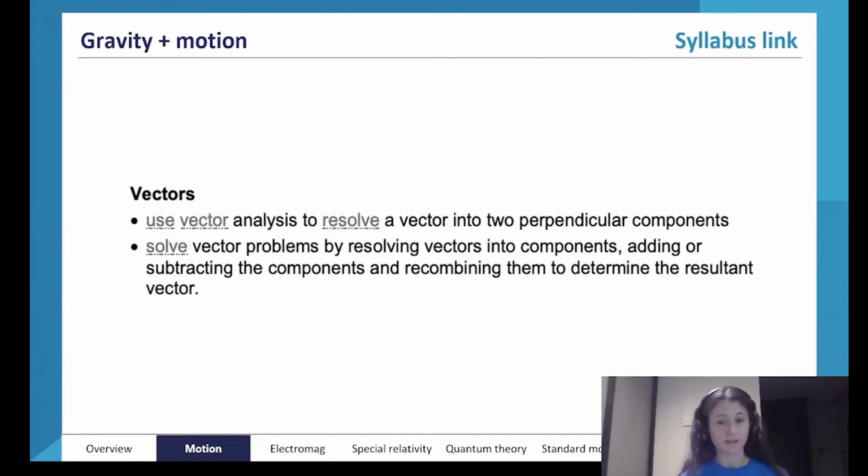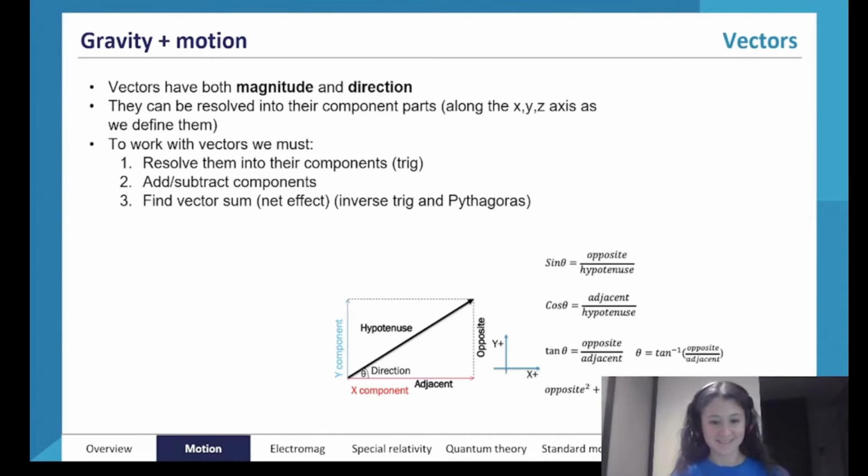The vector analysis is really important in electromagnetism, and it gets into more complex vector analysis involving all of the trigonometry rules like the sine and cosine rule. My point is, it is really important to understand this stuff and to work on it instead of just shrugging it off, because I know that's what I did in year 12. And then when I got to electromagnetism, I was like, ooh, what does this even mean?